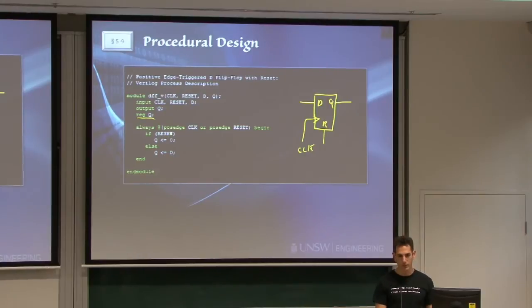If it is 1, meaning the reset is actually high, then put the value 0 into our register Q. Don't even look at the input D. It doesn't matter whether we came into this block because of the clock or because of the reset. Even if we had a positive edge of the clock and reset was still asserted, don't look at D. Just put the value 0 in there.